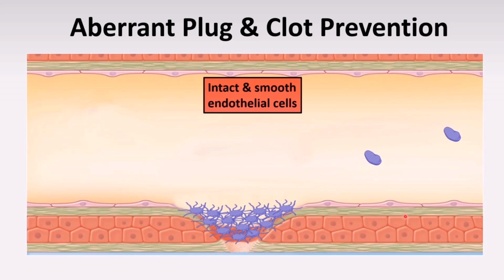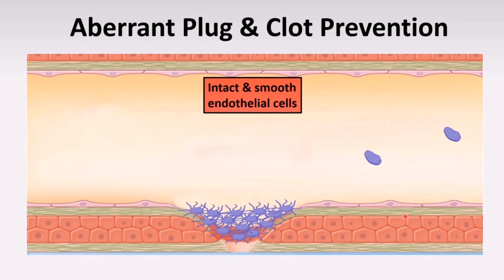And we're going to get started with the prevention of aberrant plaque and clot formation. And one important factor that is critical for the prevention of aberrant plaque and clot formation will be your intact and smooth endothelial cells.